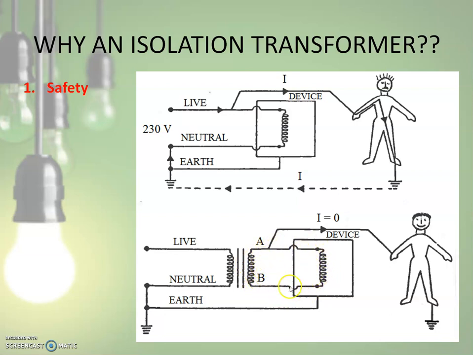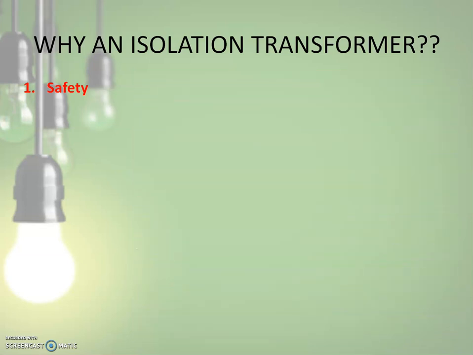Only through this path will the secondary be completed. So even if a person is touching the live wire, he will not get shocked because the secondary is not grounded. So this will not be a closed path and he can safely operate the device. So basically the transformer secondary side is isolated from grounding. That is a basic case of an isolation transformer.